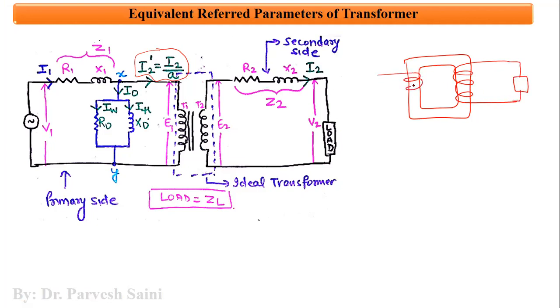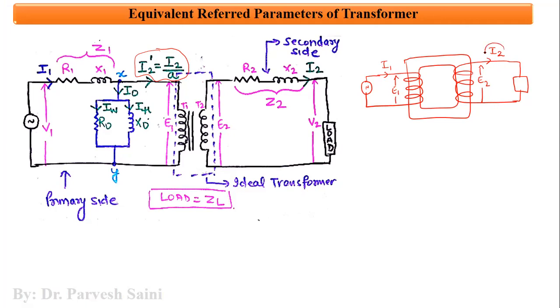And the primary winding is connected to the supply. Primary current is flowing here, secondary current is flowing in this particular winding. E2 is the EMF induced in the secondary winding because of mutual induction, and E1 is the EMF induced in the primary winding because of self-induction.